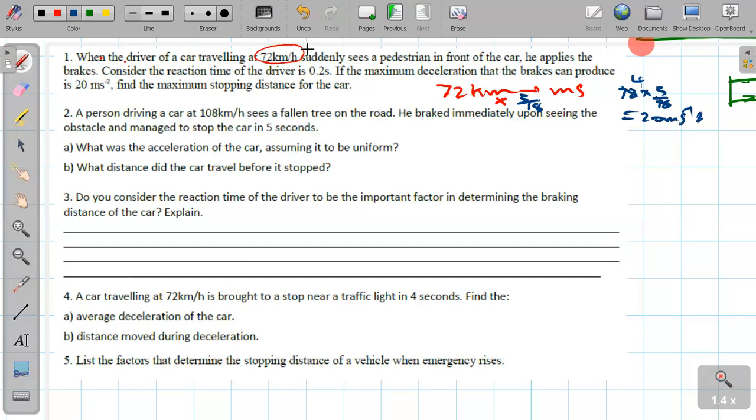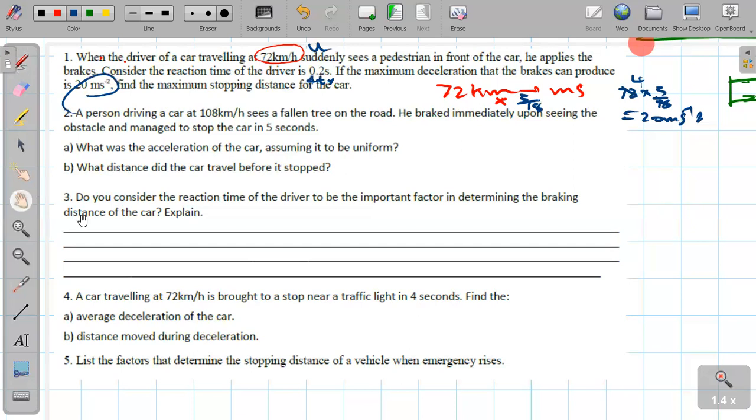Now the driver applies brakes. So this is u. Before applying the brake, there is a reaction time, delta t r, 0.2. If the maximum deceleration that brakes can produce is this much, find the maximum stopping distance for the car. Okay, now you have to think of all of these.